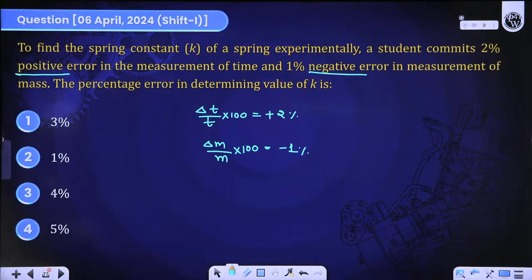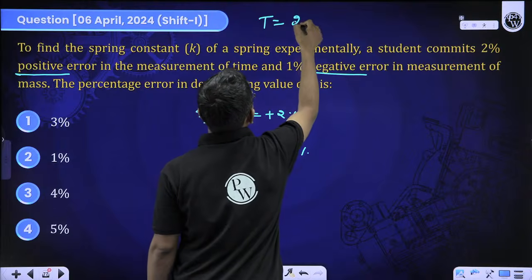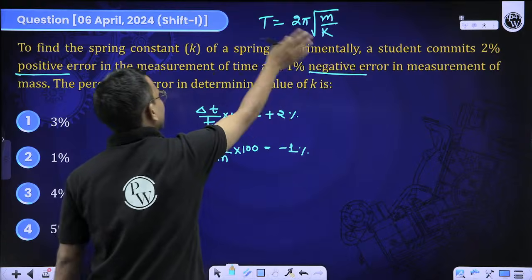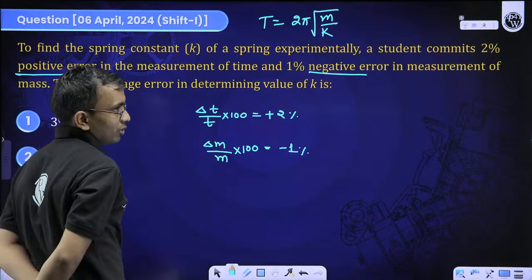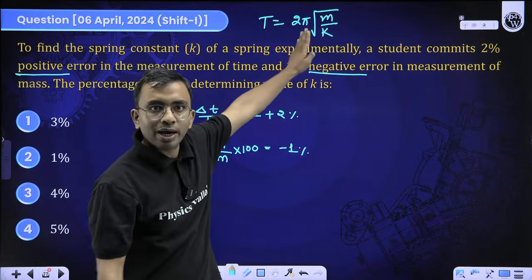The percentage error in determining the value of K. So here the formula is T equals 2 pi root M by K. You can derive this formula also, 2 pi is not needed, by using dimensional analysis: how the time period will depend upon mass and K.